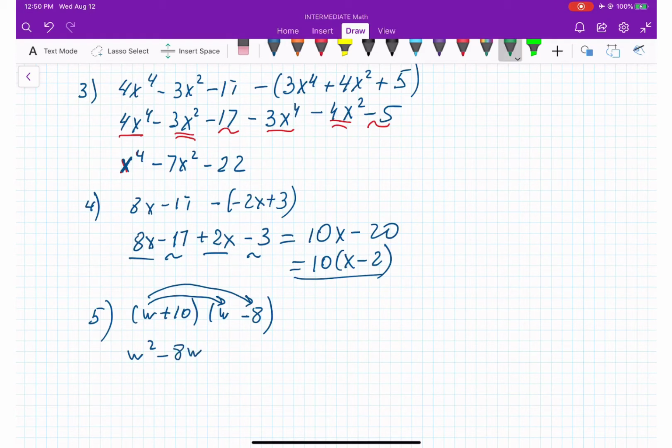Next, 10 times W, it's going to be plus 10W. 10 times negative 8, it's going to be negative 80. Okay, so we have here these two like terms. And the answer is going to be W squared plus 2W and minus 80.